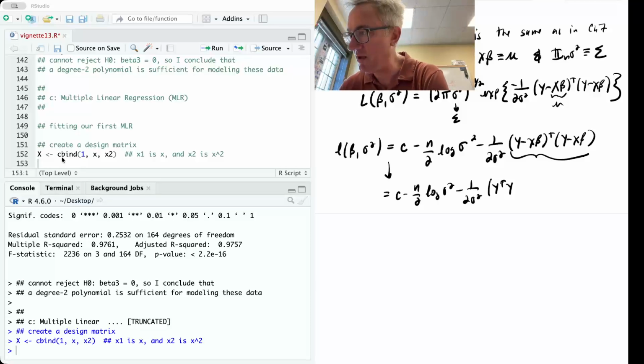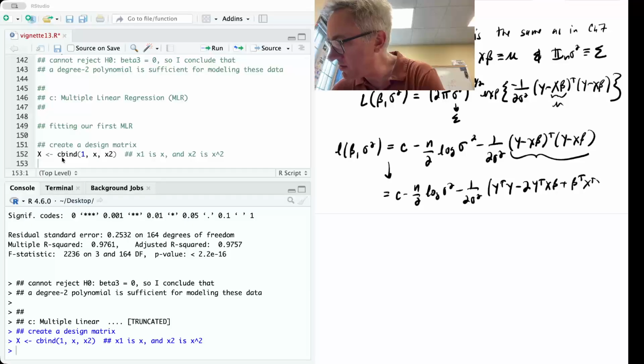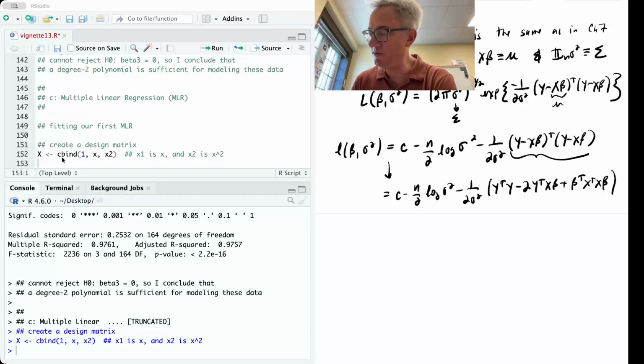Maybe you didn't call it that in middle school. Then minus 2 y transpose x beta plus beta transpose x transpose x beta. There's two of these y transpose x betas. One of them is beta transpose x transpose y, but that's a scalar, and so is y transpose x beta. So there's two copies of the same thing. I'll leave that to you to look into.